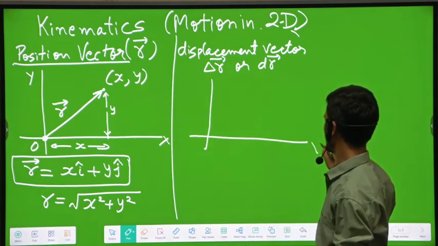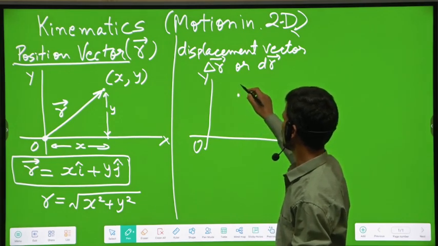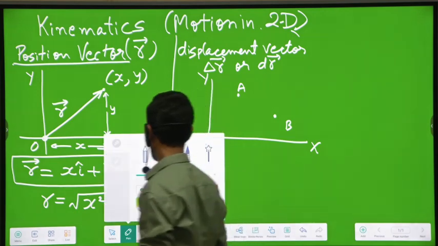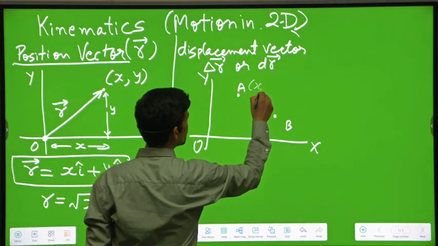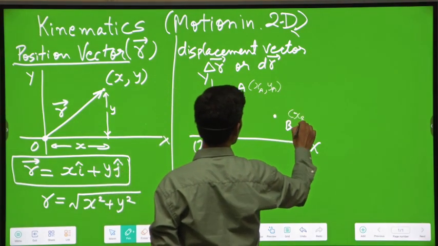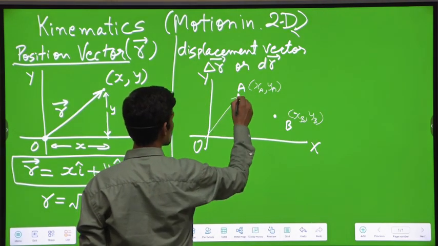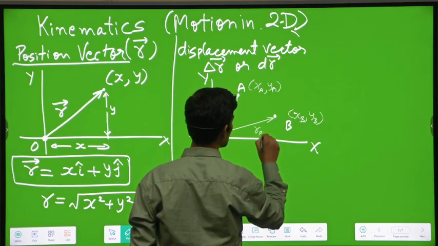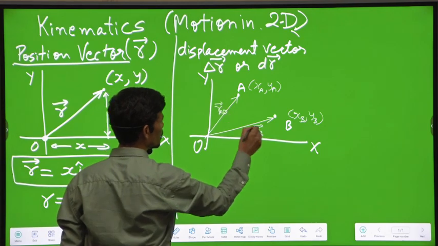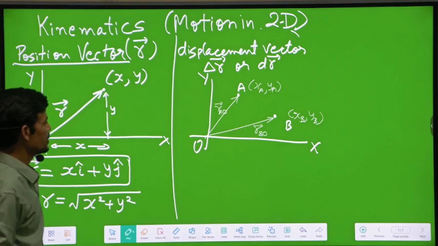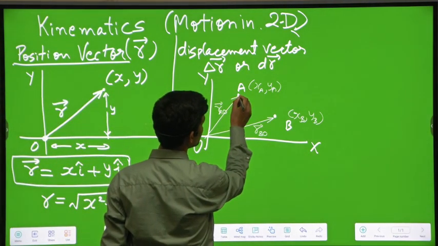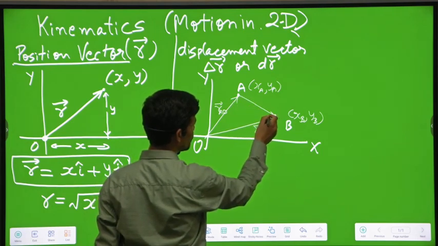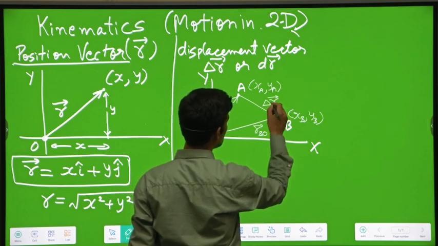So let us suppose again we have the same set of coordinates, and earlier the object was at point A, and then it moved to point B. If its coordinates are xa, ya, and xb, yb, then this is rA, the position vector of A, and this is rB, the position vector of B with respect to O. Let us suppose it has started from A and reached B, then this will be the displacement delta r.